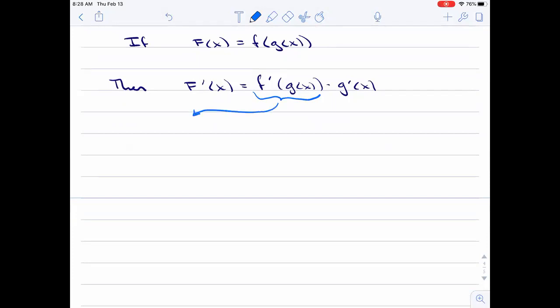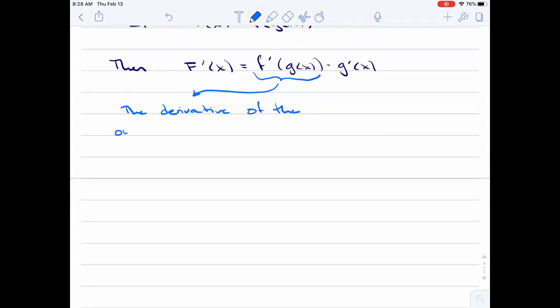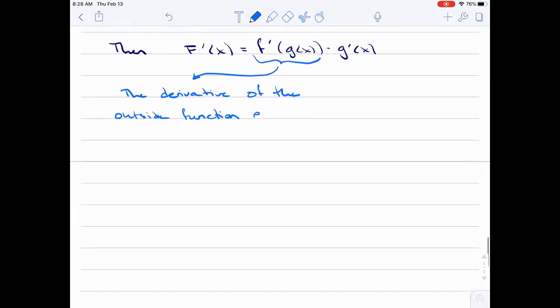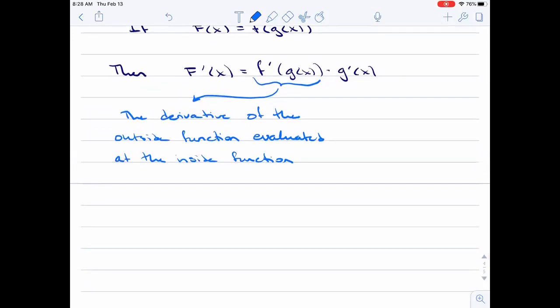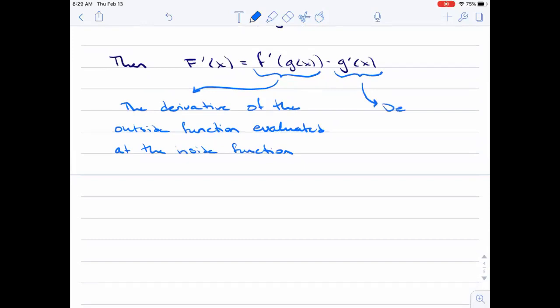So this here is the derivative of the outside function evaluated at the inside function, multiplied by the derivative of the inside function.